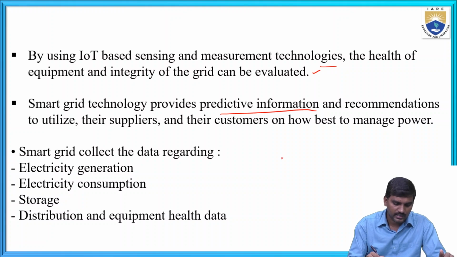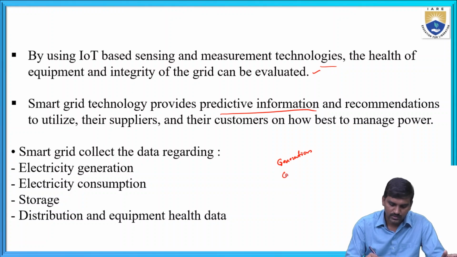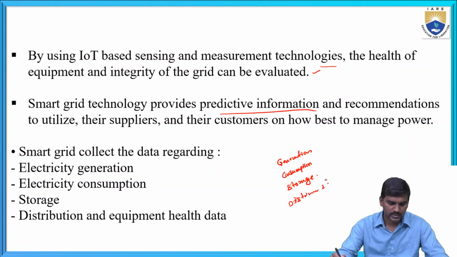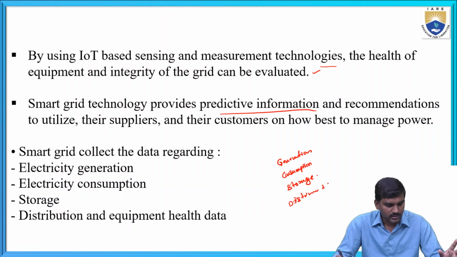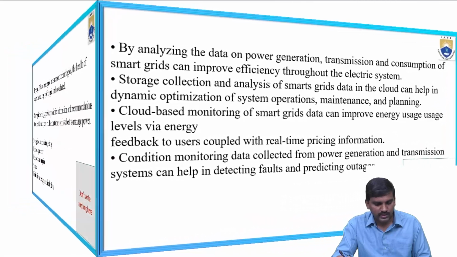Smart grid collects data regarding electricity generation first, how much energy is generated from the source, and consumption, how much energy is consumed, and storage, distribution, and equipment health data. So these are the data the smart grid collects.